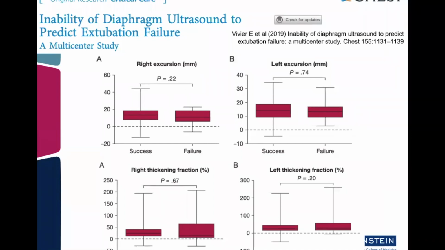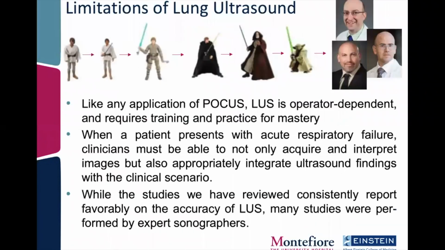The conclusion the authors came to was that diaphragmatic dysfunction may still be useful in identifying mechanisms of SBT failure. But after a successful SBT, diaphragm assessment wouldn't really add much to clinical decision making regarding whether or not to proceed with extubation. So if a patient fails an SBT, it may be worthwhile to check the diaphragm. But if a patient succeeds, then looking at the diaphragm wouldn't really add much.